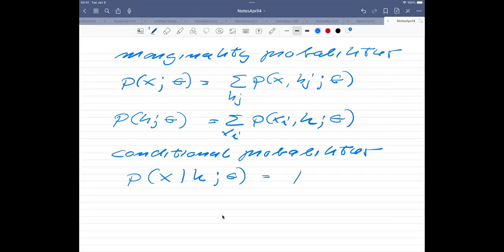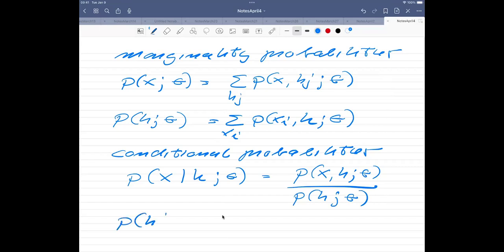And from statistics, this is the same as the probability of x, h, theta divided by the marginal probability of h. And then we have the conditional probability for h given x with the parameters theta. And that is obviously p of x, h as a function of theta, but now divided by p of x with the parameters theta.